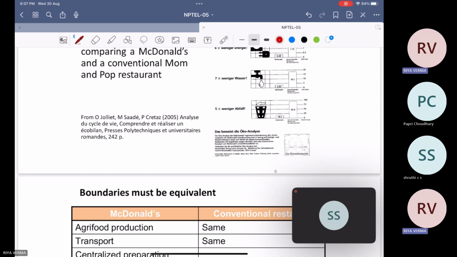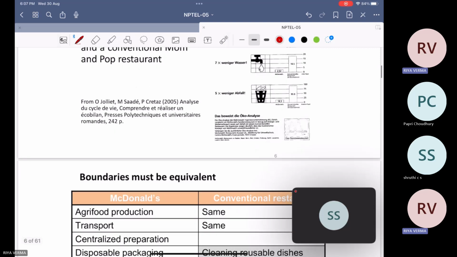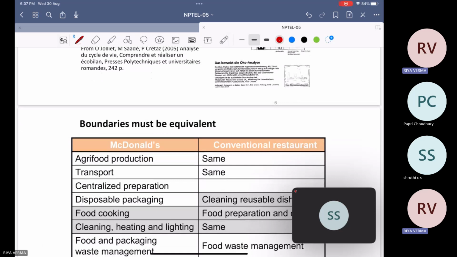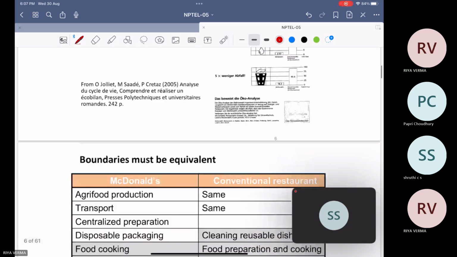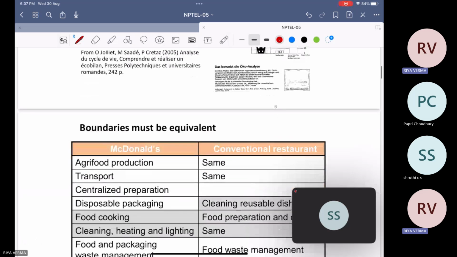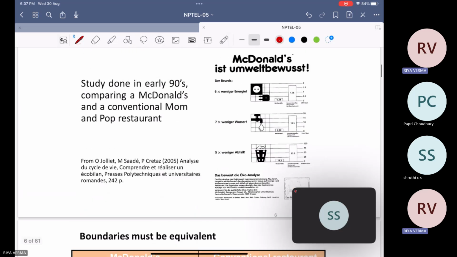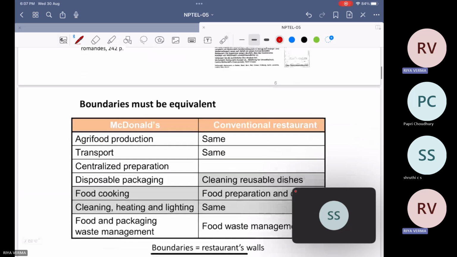To compare two products, the system boundary should be the same for both studies.